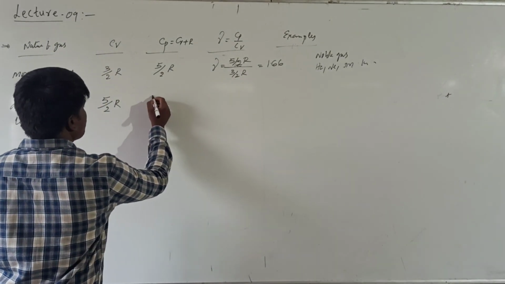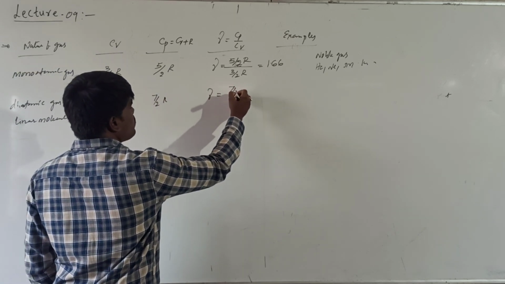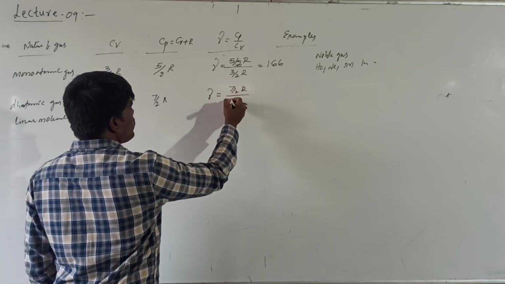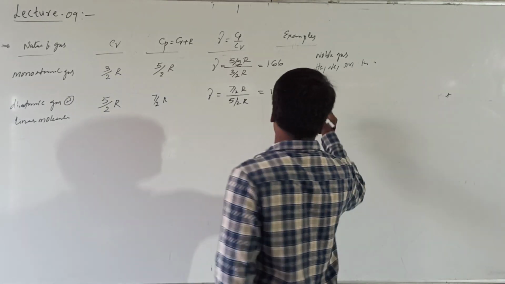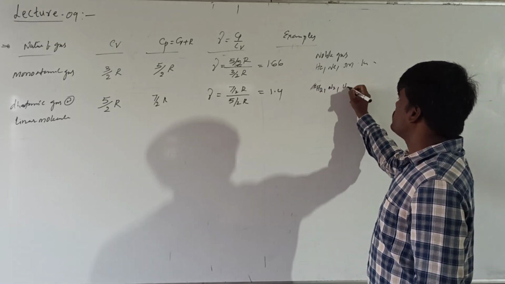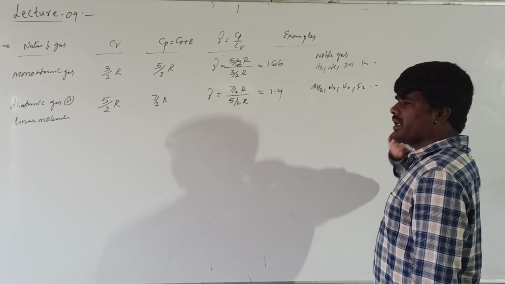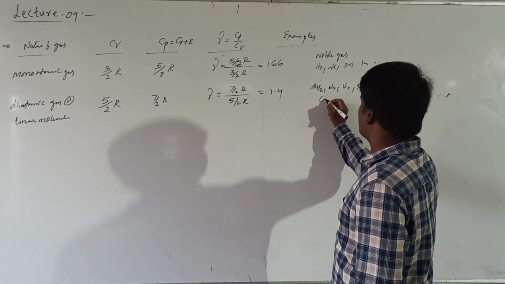Then Cp will be equal to 7 by 2 R, so gamma will be 7 by 2 R upon 5 by 2 R, which comes to 1.4. The examples are H2, N2, Cl2, F2, etc. CO gas can also be taken.